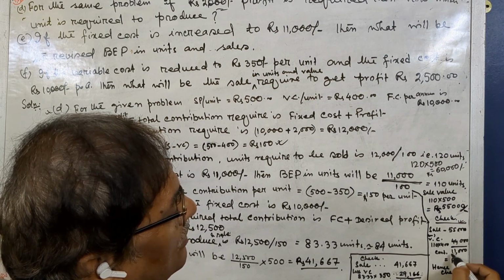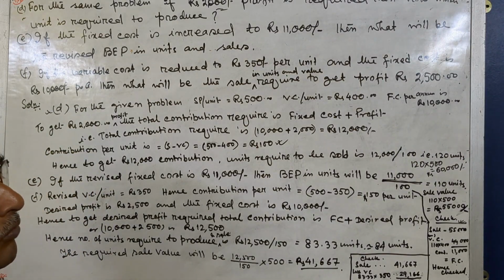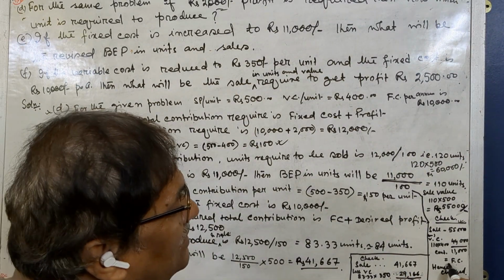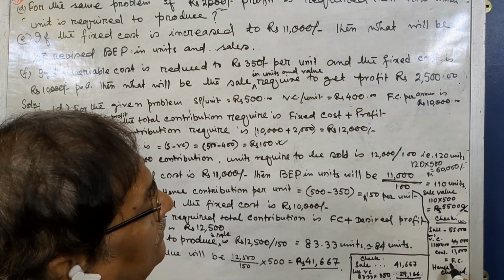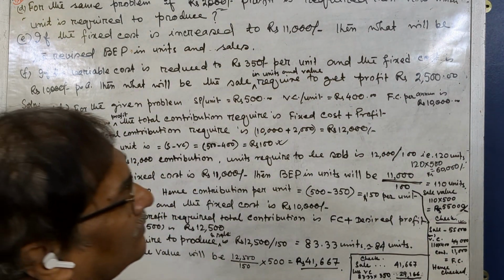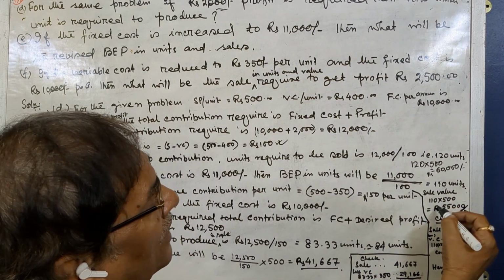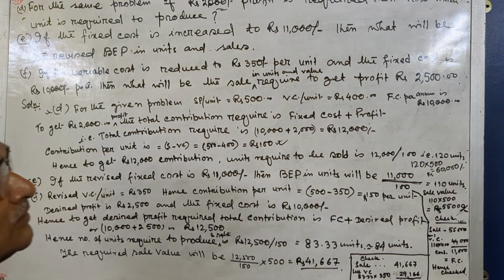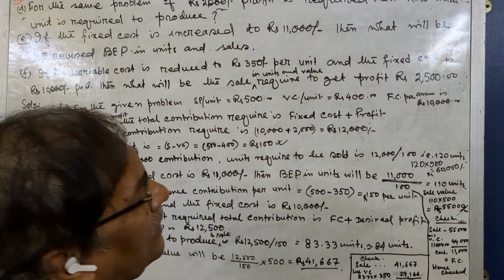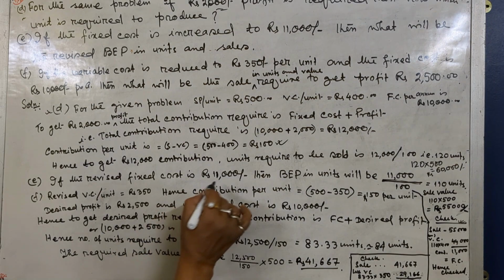That is, contribution minus fixed cost is equal to 0. There is no profit, profit is 0, and that is the break-even point. So it is checked that if you sell 55,000 rupees in value or 110 units, then you will be at break-even if the fixed cost is increased to rupees 11,000.